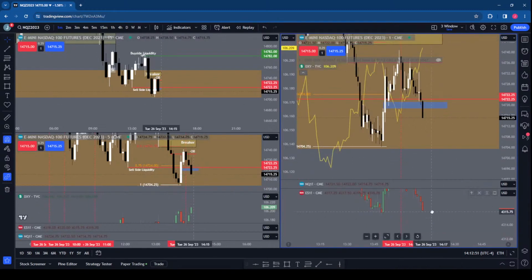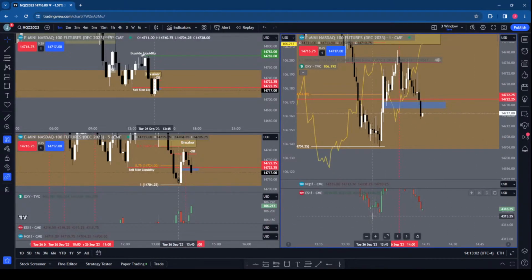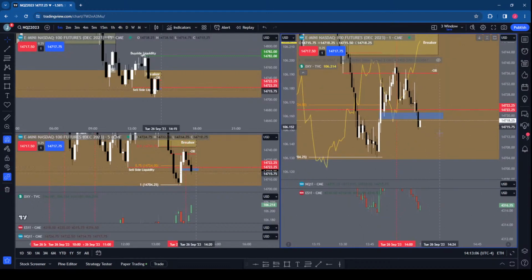I'm watching ES. I want to see if ES takes this low or not. If ES takes that low, I wouldn't want to enter on the upside. No, he kept it in. Dollar's still rising.